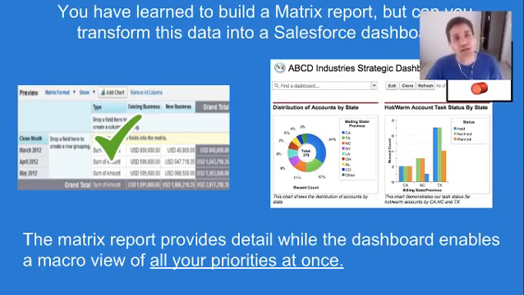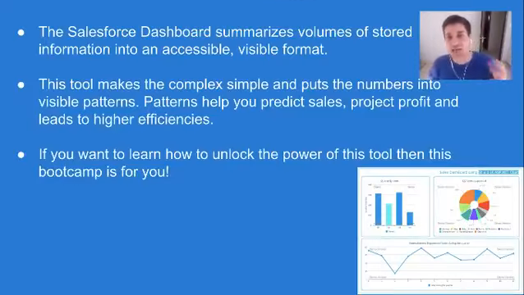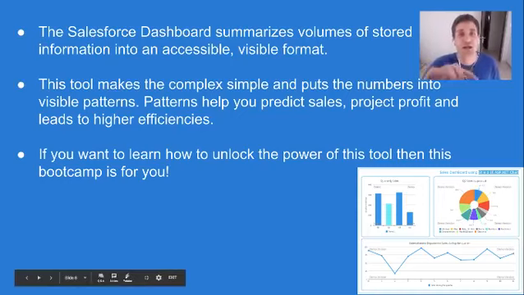Something that you couldn't actually see on the matrix table. And so what a dashboard does is it helps you make that information more accessible. A dashboard summarizes the volumes of stored information into an accessible and visible format. And what it does is it helps you to see important patterns that help you be more efficient and hopefully more profitable.